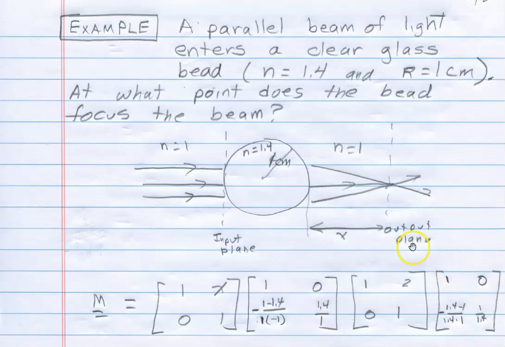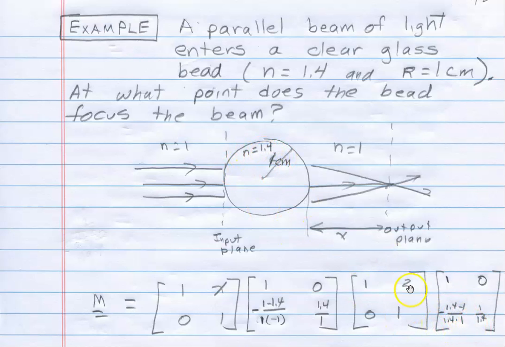The refraction matrix, if you remember, is 1 here, a 0 here. Those are the easy ones. And then you have minus (n2 minus n1) over n2 times the radius of curvature. This first surface has a radius of curvature of 1 centimeter, and it's convex, so it's positive.